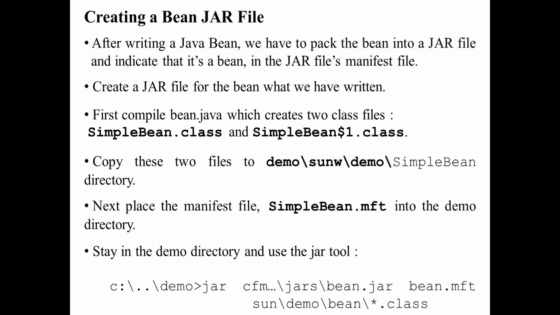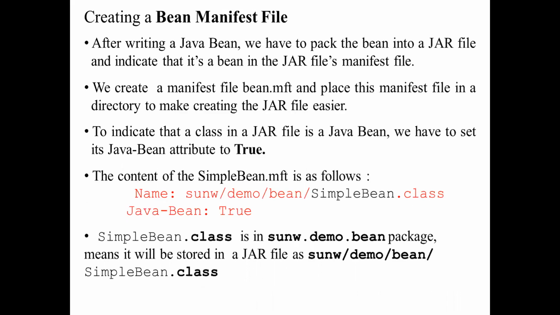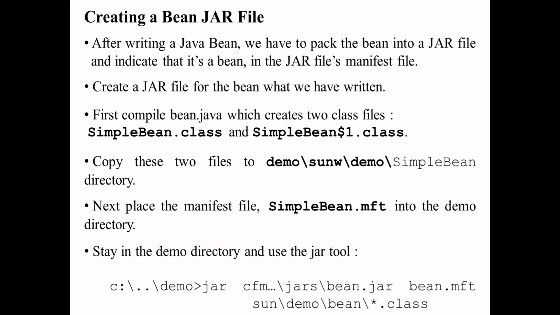So in that case, we create the bean jar file. In the previous slide we saw how to create the bean manifest file: indicate the jar file in the Java beans and set the Java-Bean attribute to true. And we pack the bean into a jar file and indicate it in the bean jar file's manifest file. So these are the two important points: creating the bean manifest file and creating the bean jar file.